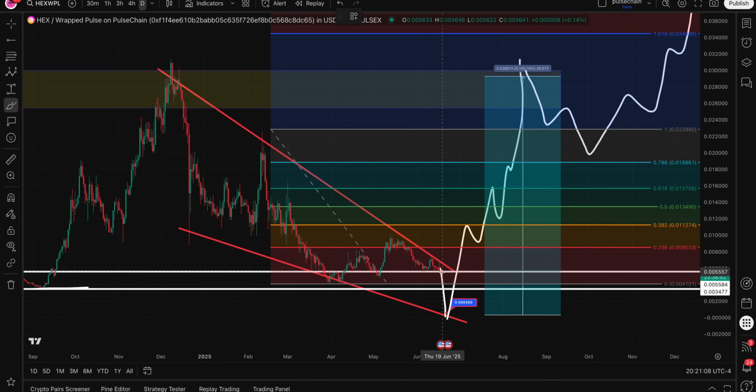Simply a push above this falling wedge, and a push back above the 23.6% fib on the daily at 0.0085. Then we'll be like, oh okay, this is just a broadening bottom pattern, a megaphone pattern, and then we're going to have continuation up.